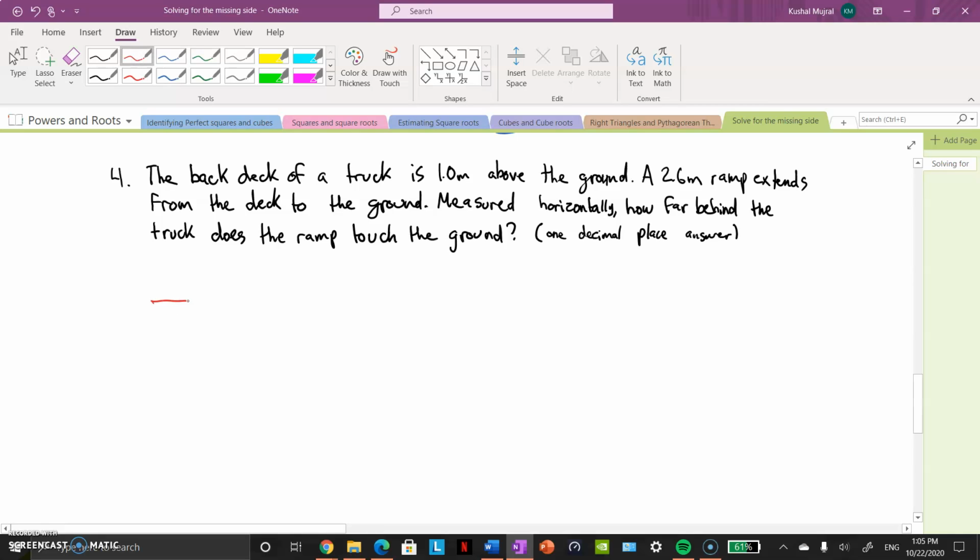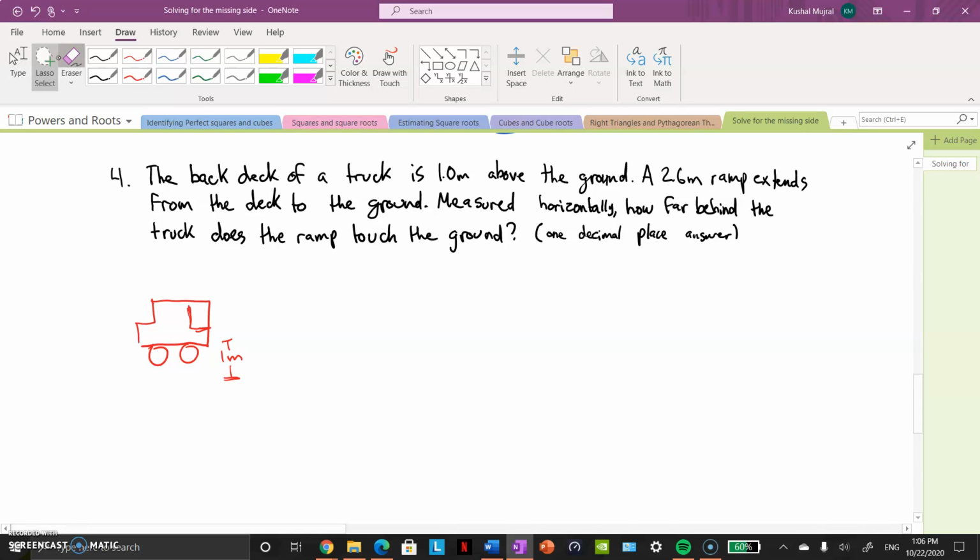Okay, so this is the truck. The back deck of the truck here is 1 meter on top of the ground. Okay, so this is the deck. I think it would be a bit more clear if I just said this is the deck, right?